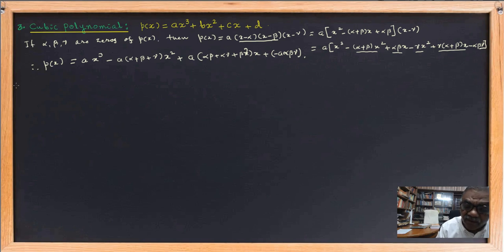Compare the coefficients of p(x) in standard form, that is comparing with the p(x), that is here a x cube, comparing the coefficients of x square, x and the constant term.